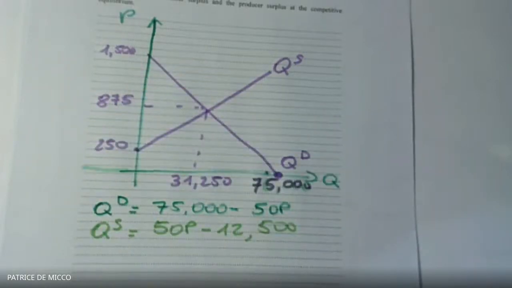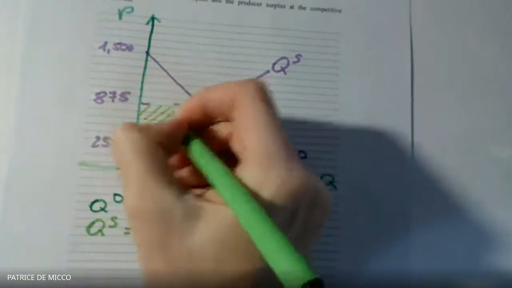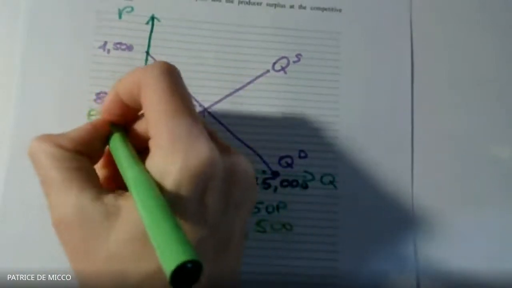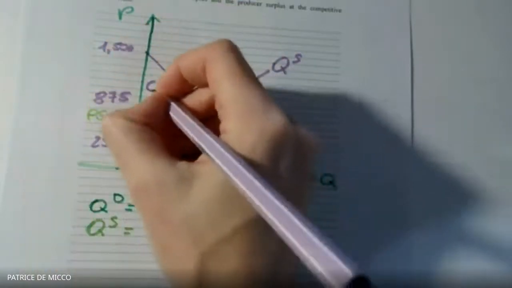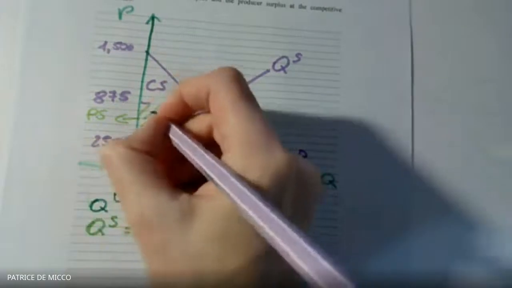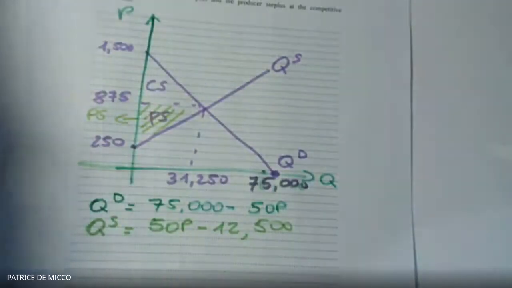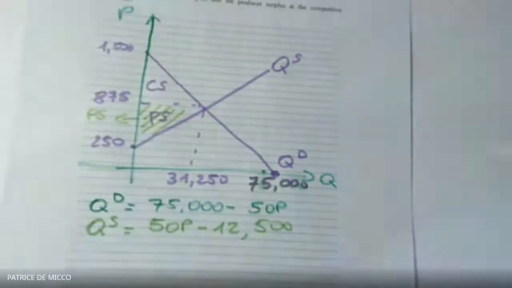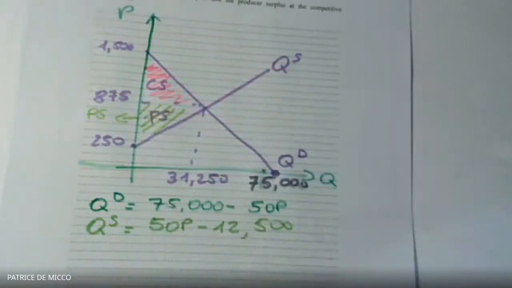Now it's kind of easy because we have the producer surplus and the consumer surplus. So this is the producer surplus, and this up here is the consumer surplus. So the consumer surplus is basically this part up here that I will color in pink.